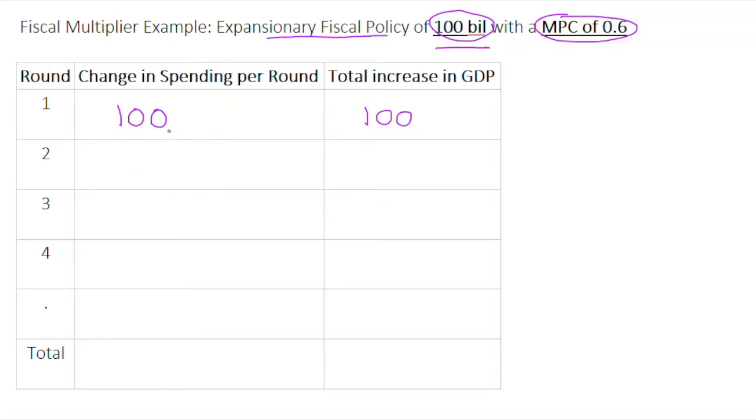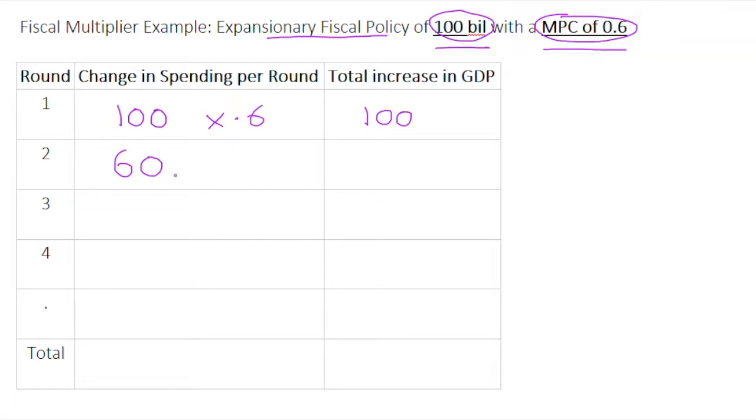So for example, if the 100 spending went to a construction worker who was working on a new motorway, well then that extra money that they get, the MPC tells us that they will spend 60% of it. So in round two, when the direct spending generates additional income in the economy, people will spend on average 60% of it, and 60% of 100 is 60 billion.